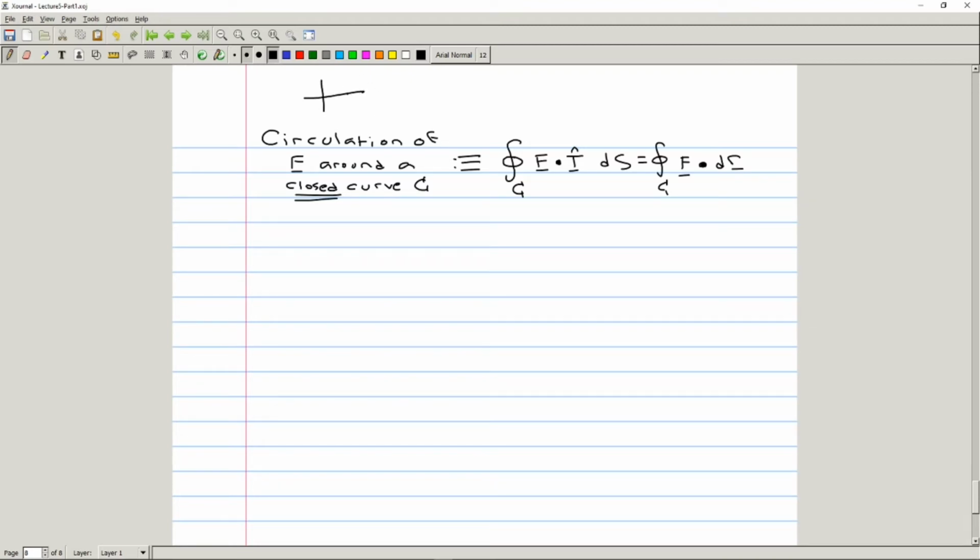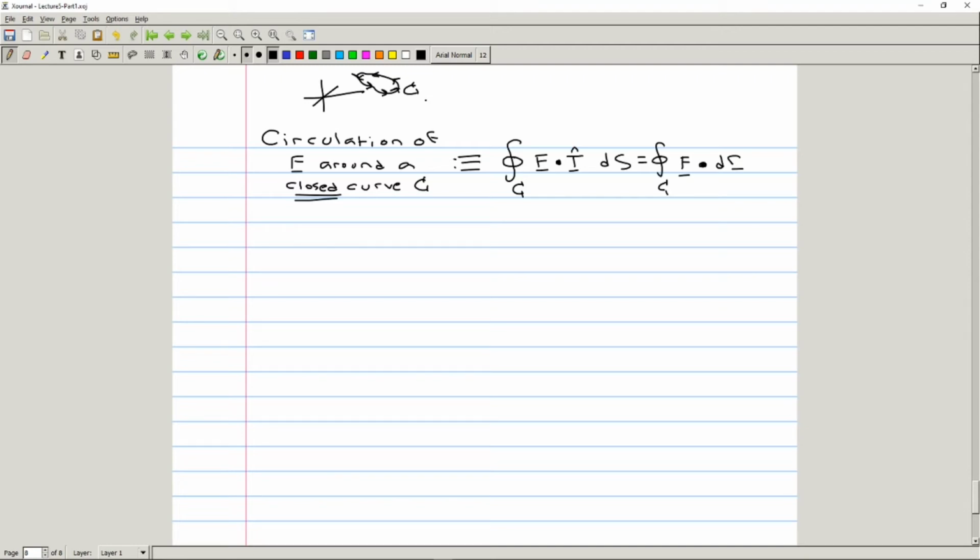If you calculate it, it gives you a direct measurement of how much this vector field is rotating with this curve C, or tangent to this curve C. That's exactly what this integral is giving you a measurement of.